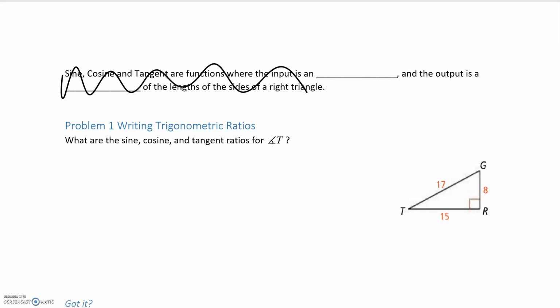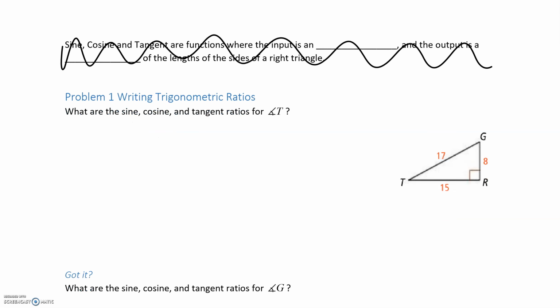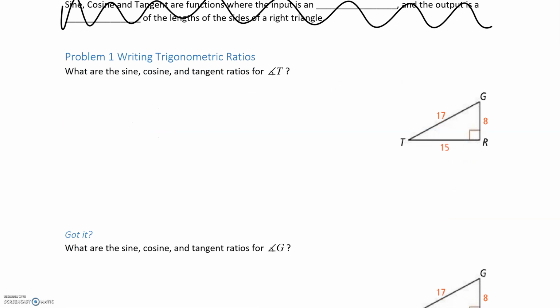So we're not going to worry about this right now. What we're going to do is talk about the sine, cosine, tangent ratios for angle T. So angle T is this right here. So our sine of T is going to be our opposite. So our side that is opposite of T is 8 over our hypotenuse. Our hypotenuse is always the side that's opposite our right angle.